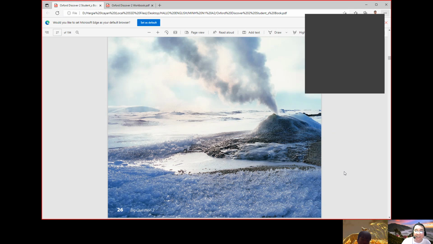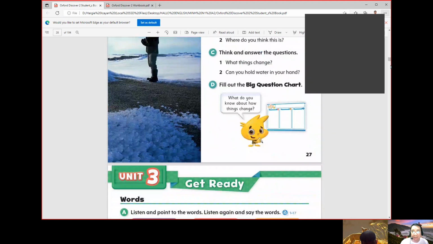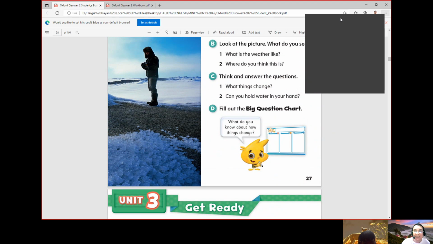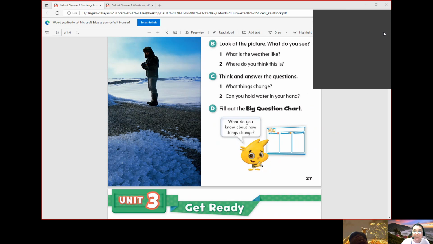Or this particular picture here, there's a volcano, and the smoke that comes out from a volcano would be gases. So everything can be changed, right? Yes or no, Min? Yes. Okay, now look at the picture.